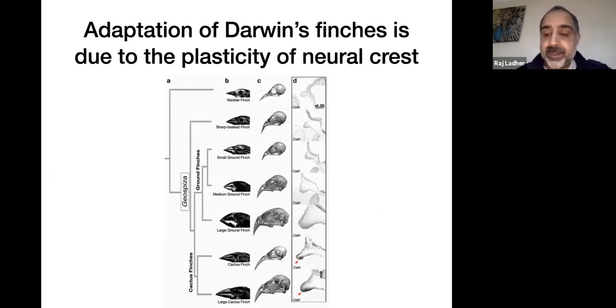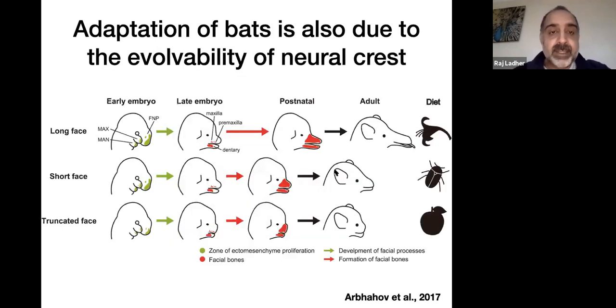As well as Darwin's finches, you have bats as well. Bats, of course, are a mammalian species. They also have different snout morphologies depending on their diet. You have some bats that have a long face, and these are nectar feeding bats. Other bats have a truncated face and eat fruit.